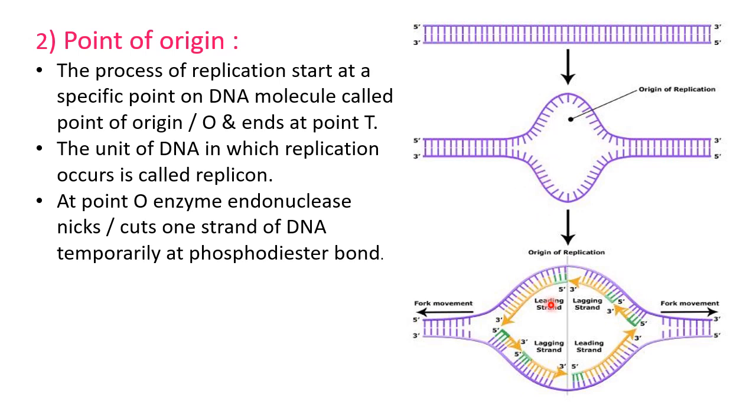Then in the last diagram we see that the two strands of the DNA molecule start to separate from each other, and simultaneously two new strands, one on each strand, are synthesized. These details we are going to see in our next point in the process of DNA replication.